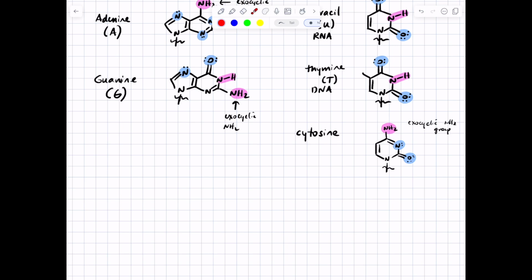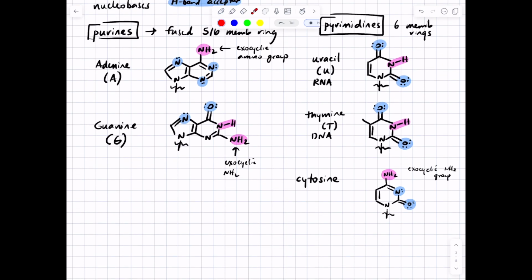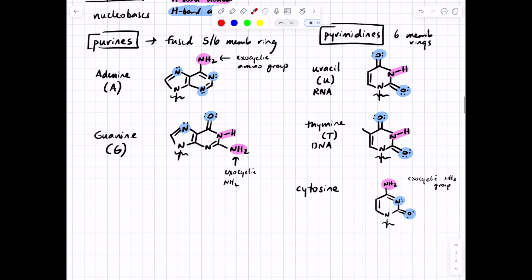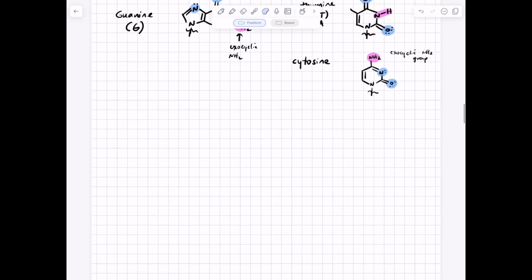All right. While we're on the subject, let's just show you the complementary base pairing between guanine and cytosine, and between adenine and uracil, or adenine and thymine.